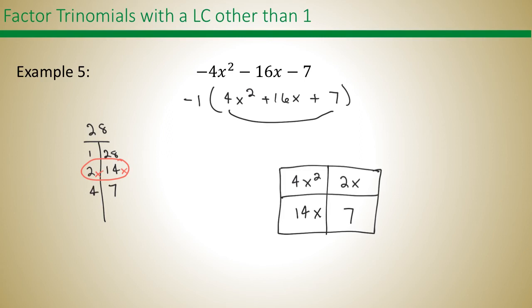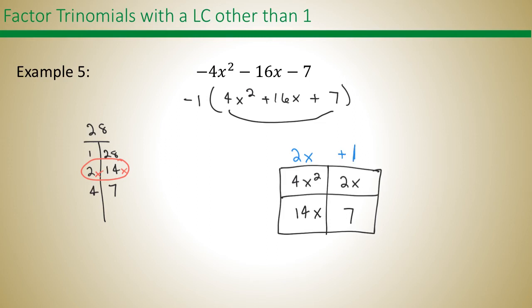So on this one, these two boxes right here, both of these can be divided by 2, and they both have an x. So we're going to have 2x right here, okay? These two they don't have a common factor. So if they don't have a common factor, we have to put something out here, and we're going to put a positive 1 there.